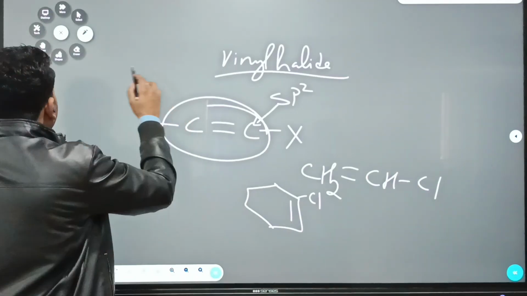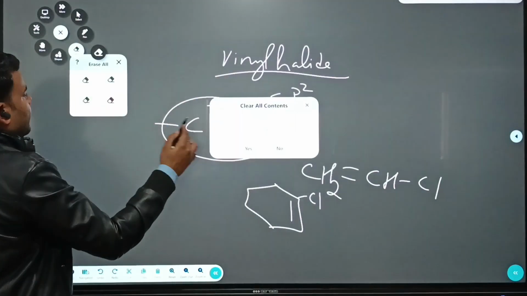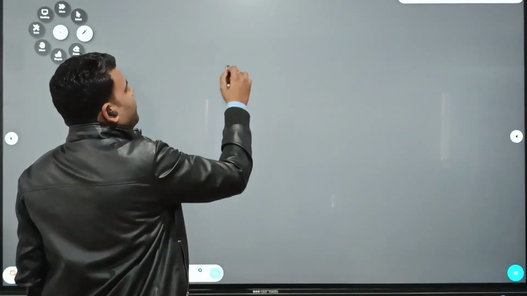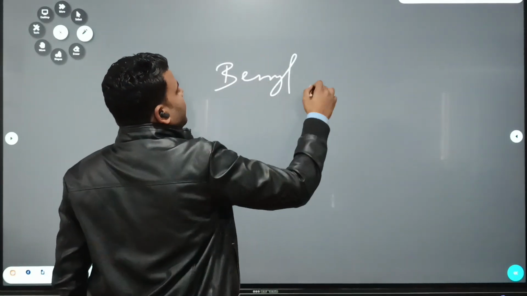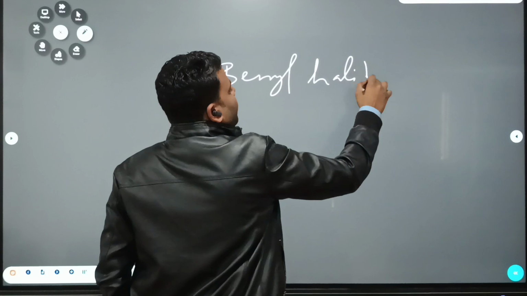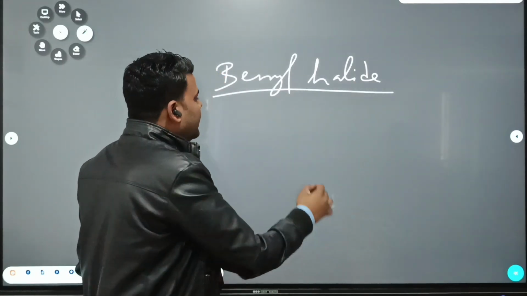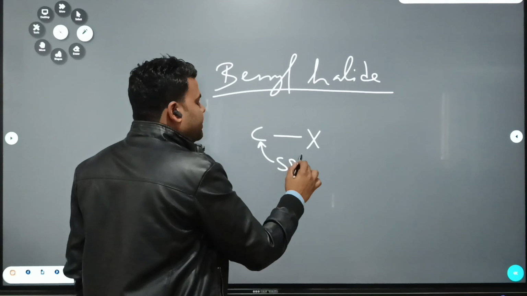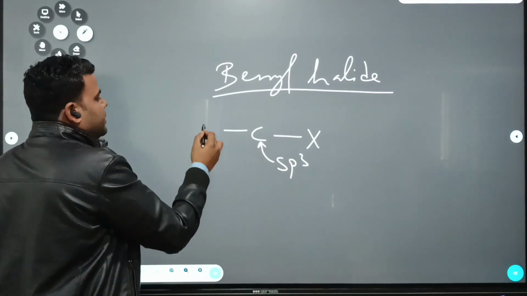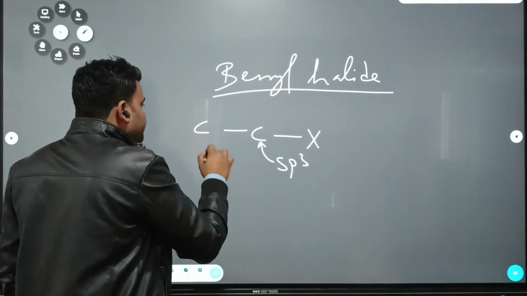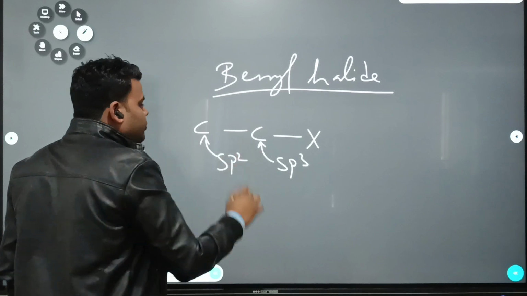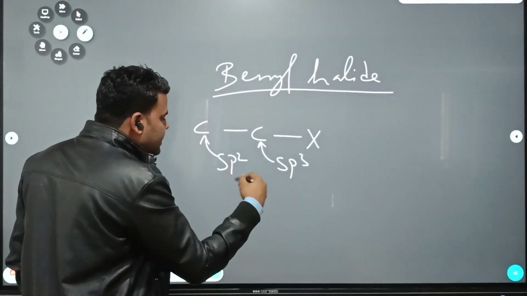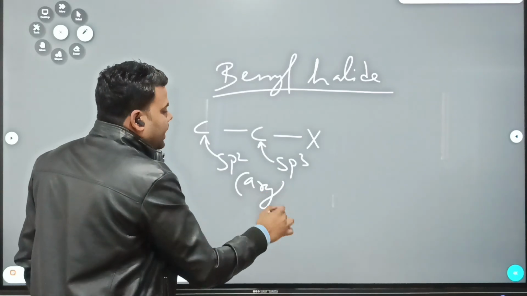Now if I talk about another kind of haloalkane, which is called benzyl halide. What is benzyl halide basically? That means here the halogen is attached to a carbon which is sp3, and this sp3 hybridized carbon is attached to an sp2 hybridized carbon, and this sp2 hybridized carbon is a part of the aryl ring.